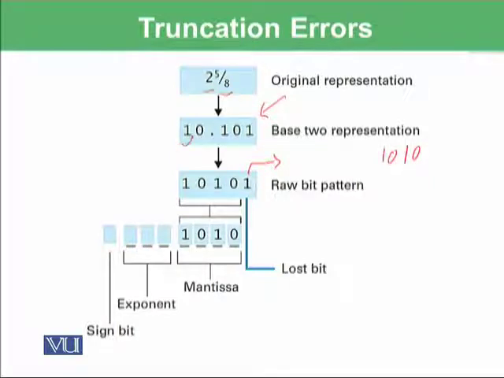So this can be stored, this can be stored, this can be stored, this can be stored, but this one is going outside. So this would be the lost bit. If such a condition occurs, then we say that this is a truncation error. So our mantissa field is not enough to store the required data.